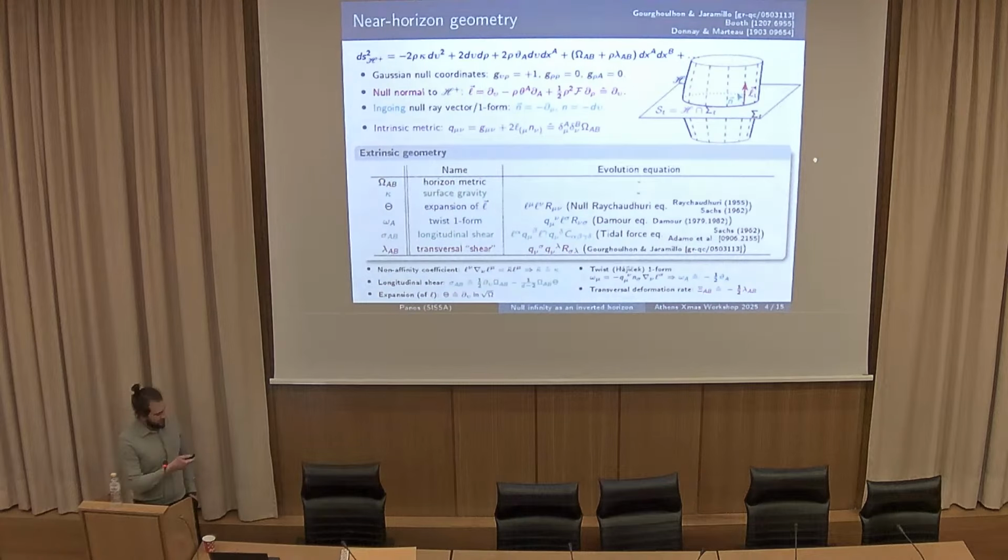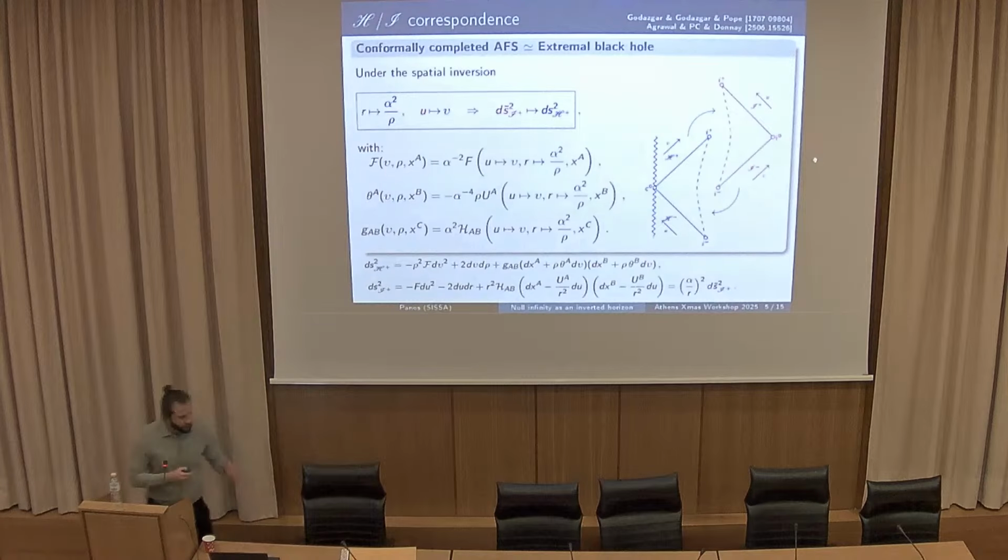So let me now go straight to the next slide, and I'll present this correspondence that I mentioned in the beginning. There is a nice observation that I think is not emphasized enough in the literature, that all asymptotically flat spacetimes can be understood to be conformally isomorphic to the geometry near a horizon. And you can really state it as a conformal isomorphism.